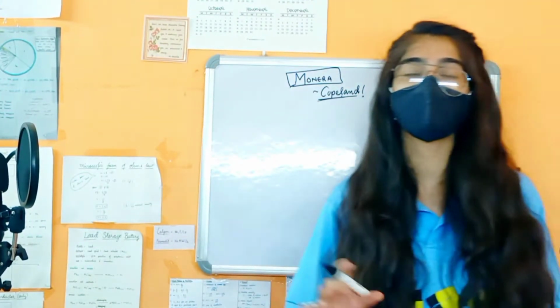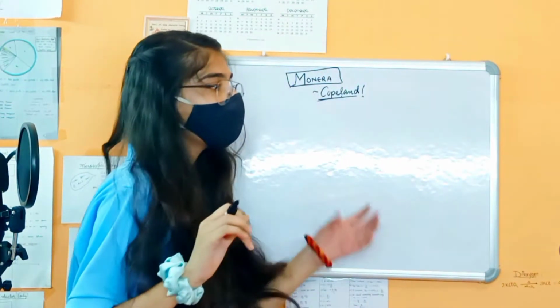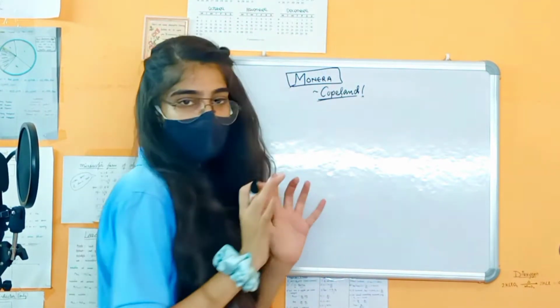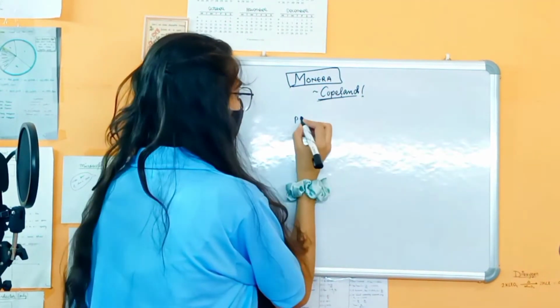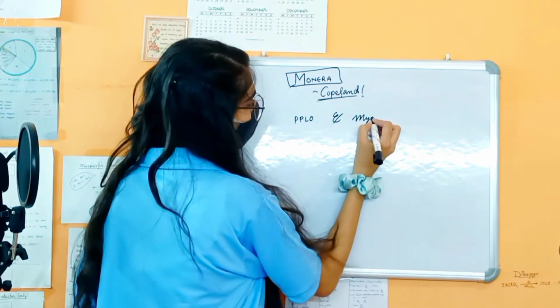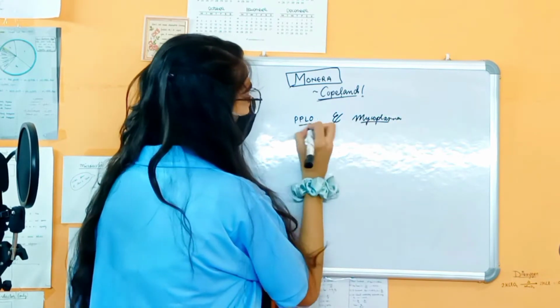Let's see what shapes bacteria are present in. There are various shapes. We're going to study four shapes. Let me tell you one thing from what we studied, like PPLO and mycoplasma, these are important.